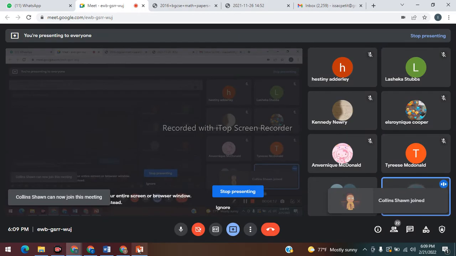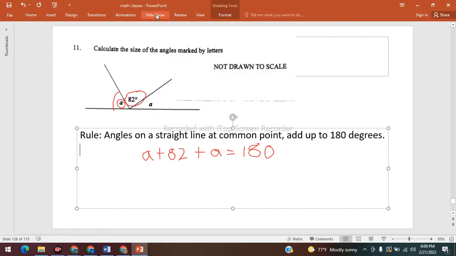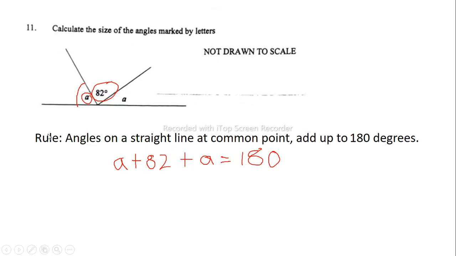Good. Thank you, Collins. So that's A plus 82 plus A equals 180. Now, what do we have to do here? Anyone have any idea? Add the two A's. I like that.